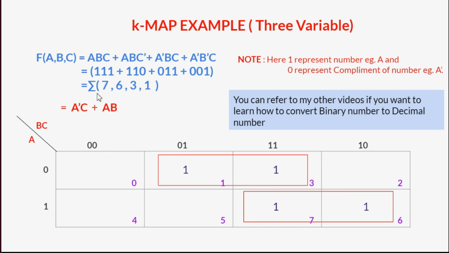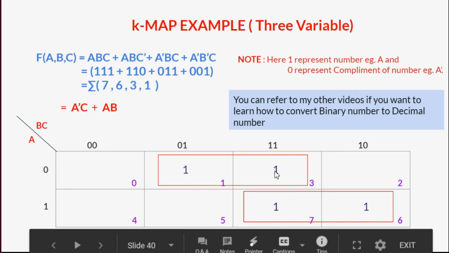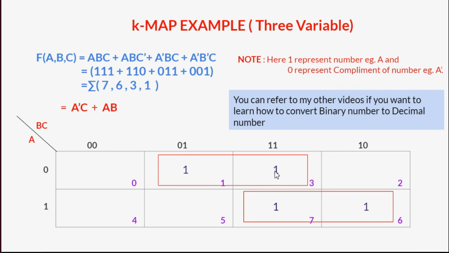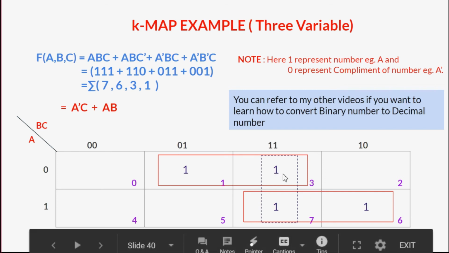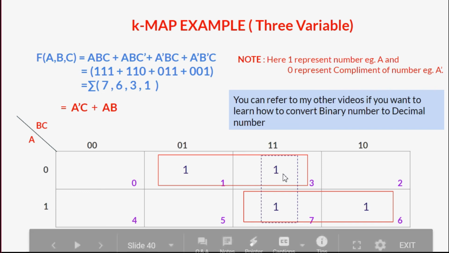multiplication. Now there comes a question in my mind: we can also combine this 3 and 7. We can combine these two cells because these were consecutive, plus these were the 1 entries, these were the present cells. Yes, we can do that, but since we have already covered these ones, we are not going to deal with this.